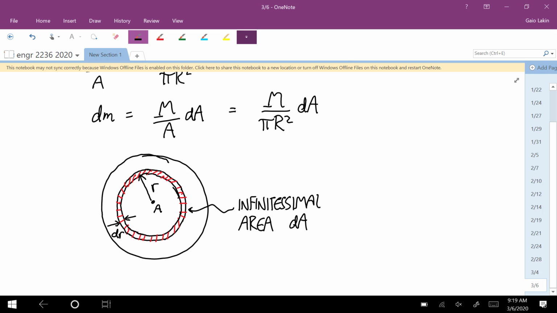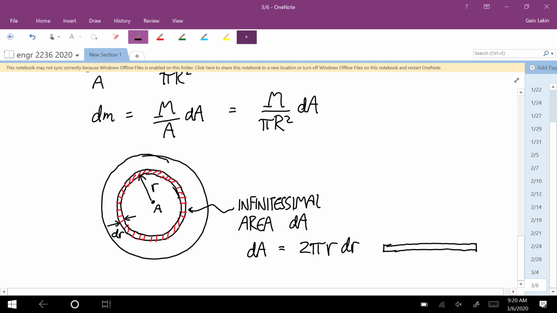So dA is equal to 2 pi r dr. It looks like this once you stretch it out: you have a length of 2 pi r and a thickness dr. And we're just taking the area of that rectangle.